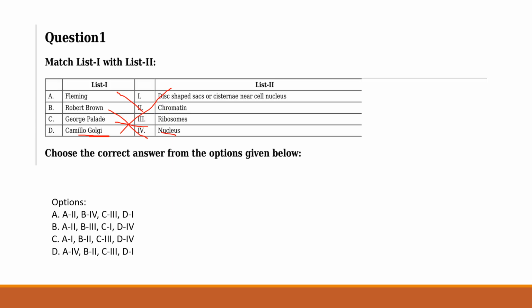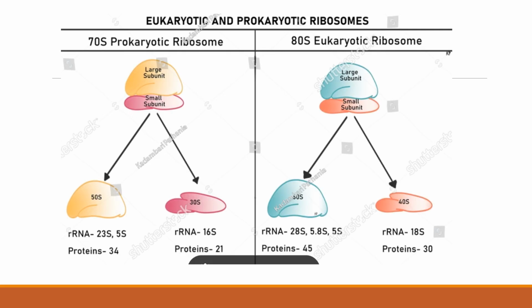And the ribosomes, we know that ribosome is different in prokaryote and eukaryote. In prokaryote, the ribosome is 70S and in eukaryote, the ribosome is 80S. And the ribosome has a large and a small subunit.